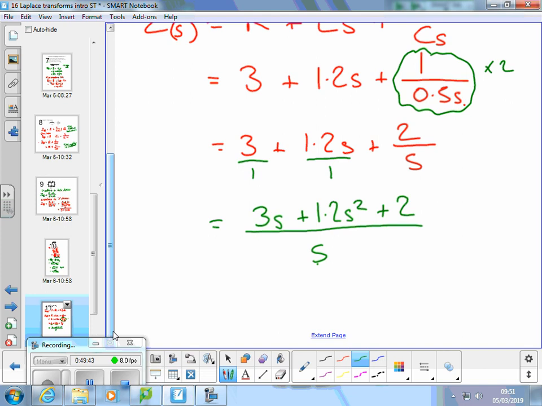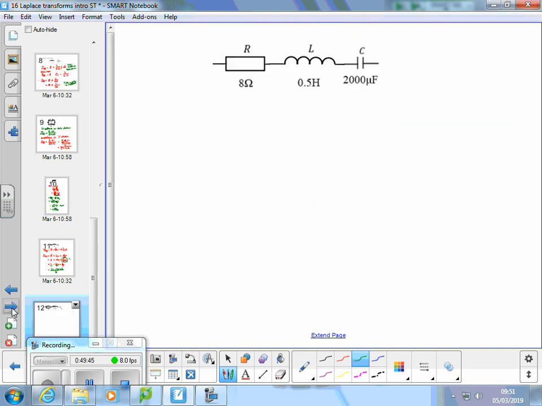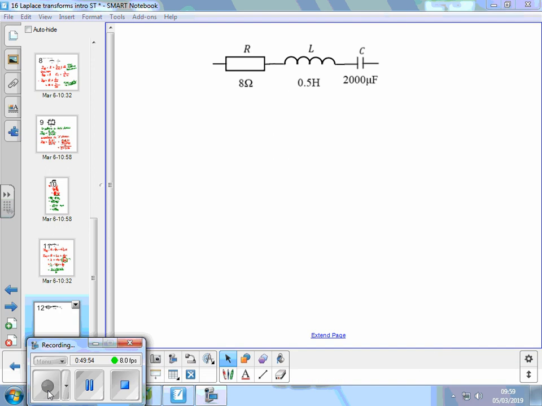So, on your own, have a go at that one. Right. All done or not? No. Can we go straight for the impedance in the S domain this time, Lewis?